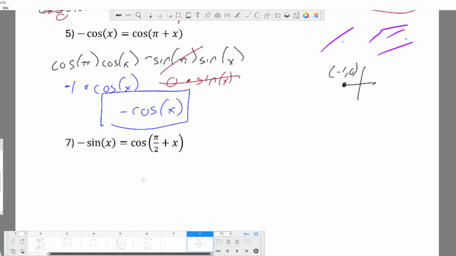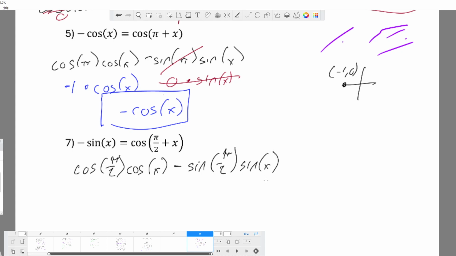And then we do the same thing for this next one. It'll be cosine of pi over 2, cosine of x, opposite sign, sine of pi over 2, sine of x, and we just need to evaluate what pi over 2 is. Pi over 2 is up here, 0, 1. So cosines go to 0, sines go to 1.